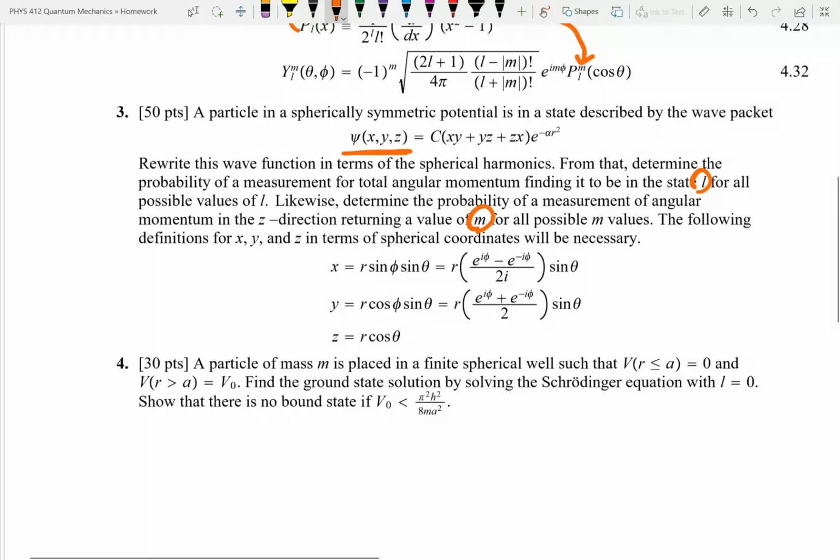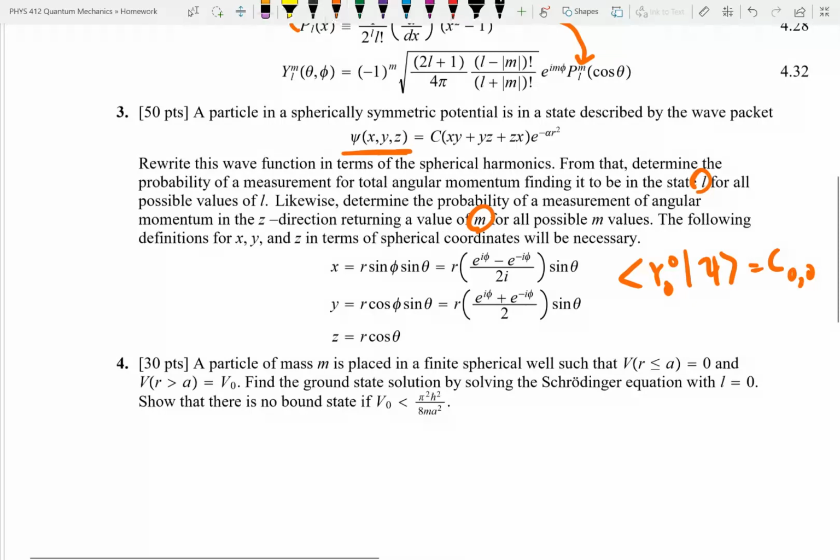To do that, you're going to need to rewrite this as an expression in terms of the spherical harmonics. Or I suppose you could do Y0,0, psi equals c0,0, and you could do all of these, but that would be a whole lot more work.